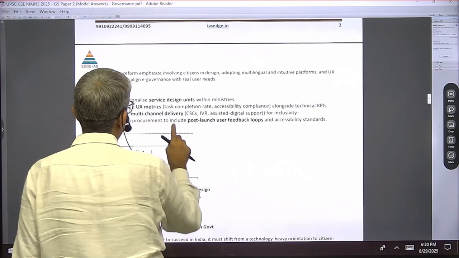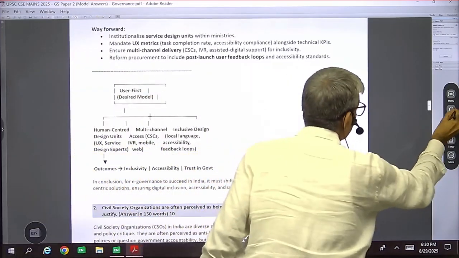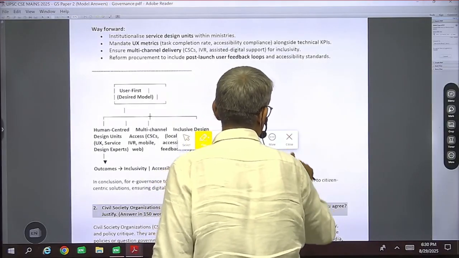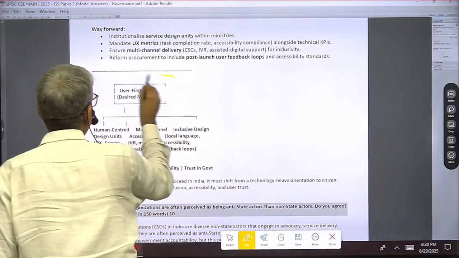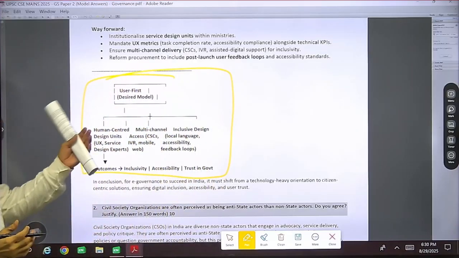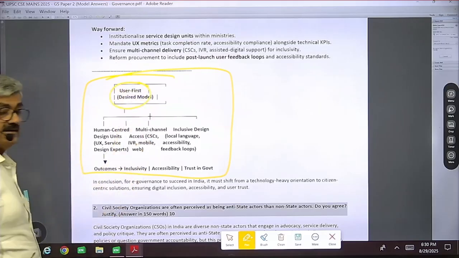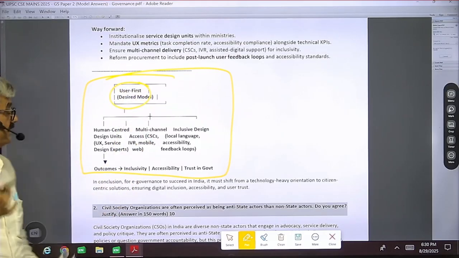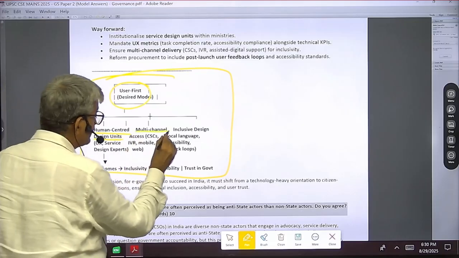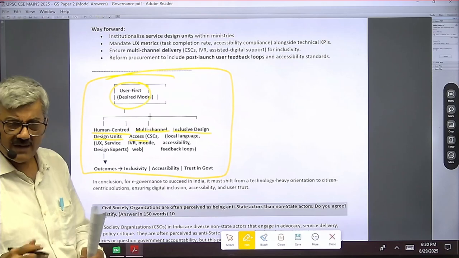We have also tried to make a model out of it. This is the model we intend to provide, the desired model, where user first should be our priority in e-governance, with human-centered design, multi-channel access, and inclusive design.